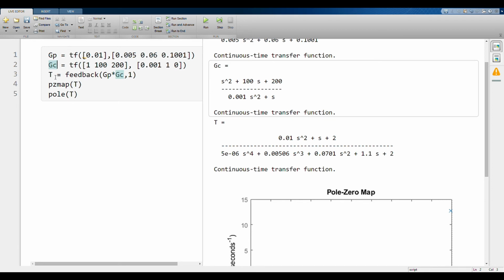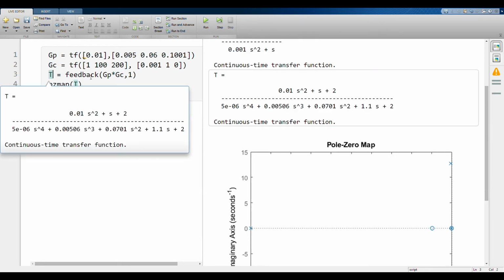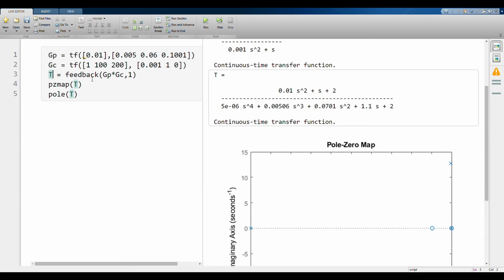And then the T, the transfer function for the closed loop system, is formed using this feedback function. So T is feedback of GP times GC, which is what we have in the forward path, and 1, which is what we have in the feedback path. You can have a look at the details of the feedback command later, but over here we have the transfer function obtained for this closed loop system.